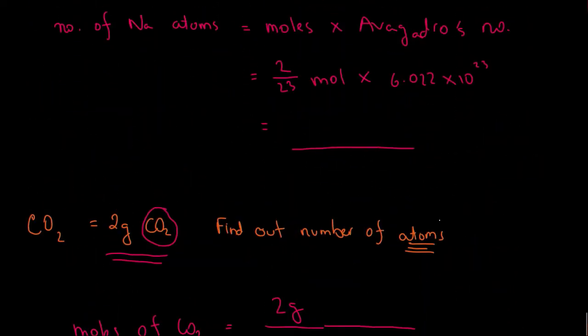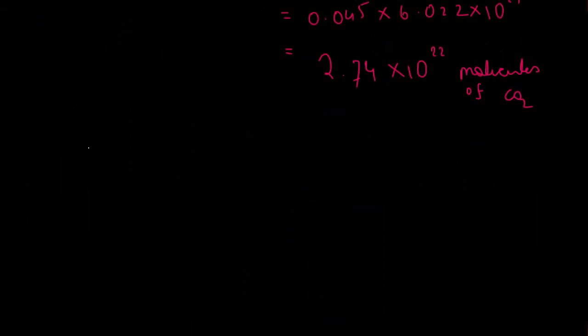But notice here they ask for atoms. So what we're going to do is we know that in one CO2 molecule, you have 1 carbon double bonded to 2 oxygen atoms. So you have 3 atoms in one molecule of CO2. The other way to think about it is that you have 1 carbon and 2 oxygens, and they make up my CO2.